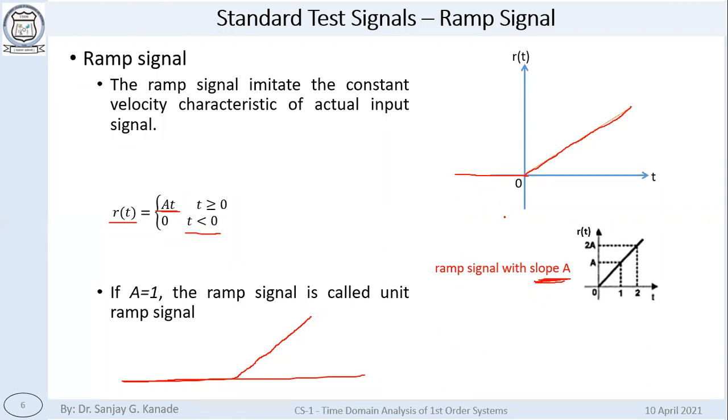Okay, if A is equal to 1, it is called a unit ramp signal.